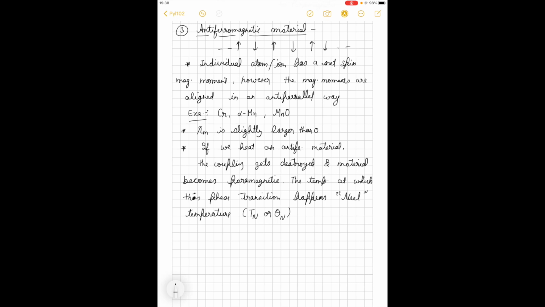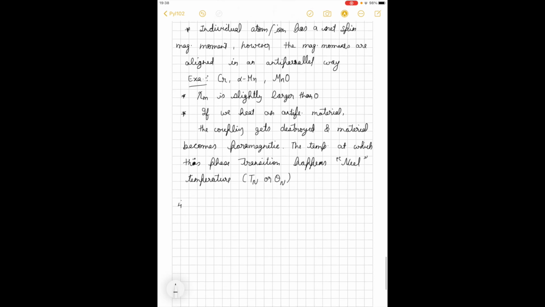Okay, so now I'll combine the ferromagnetic and ferrimagnetic phases because the properties are more or less the same. Magnetic materials.